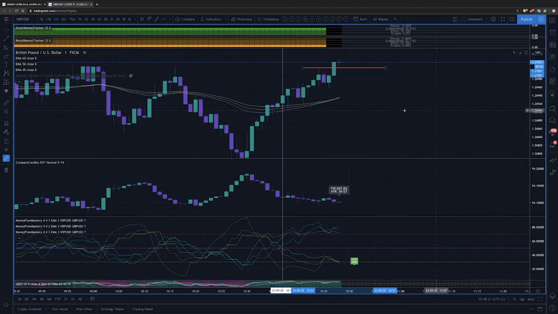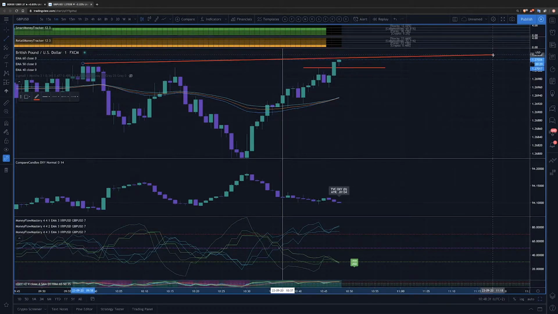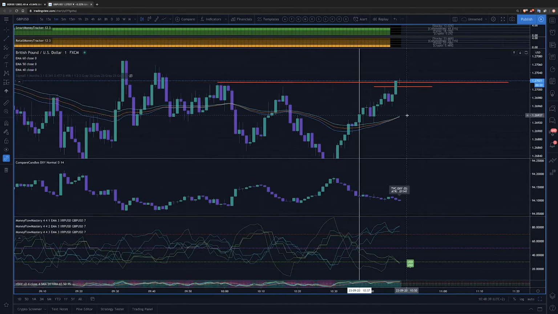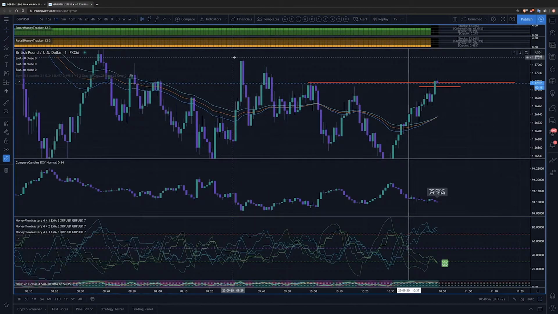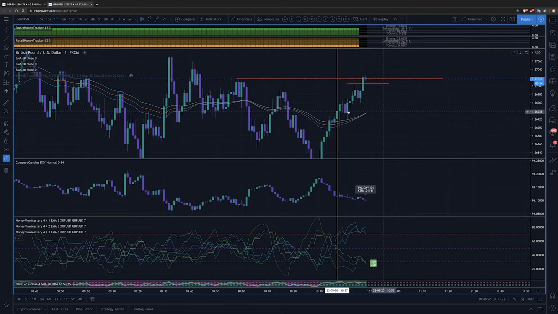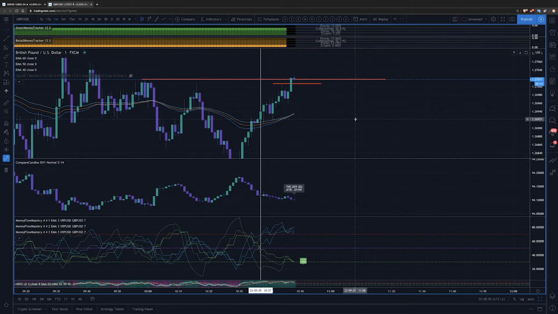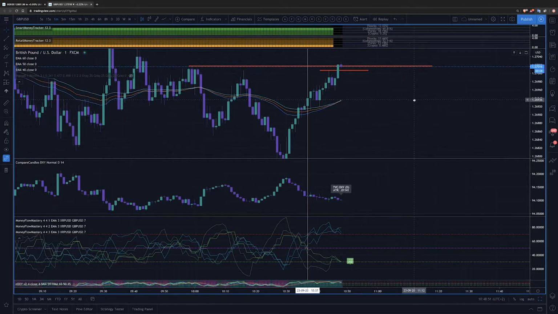She might just have enough momentum to keep on trucking now on this level. Always look left. So there's quite a few levels for pound US dollar to get through. But yeah, let's keep an eye on it.